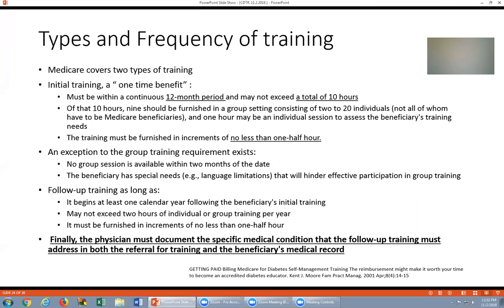The first of these, 9 hours, should be furnished in a group setting and 1 hour individualized for the patient. An exception to the group is if there is no group available or if the patient has some type of disability or special needs. Follow-up training, 1 hour, 1 year after the first training, may not exceed 2 hours.